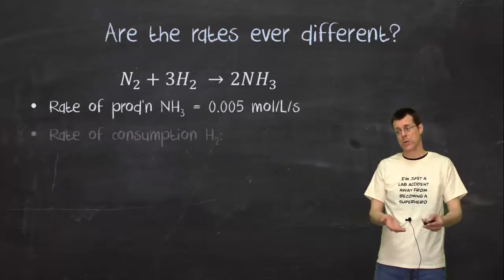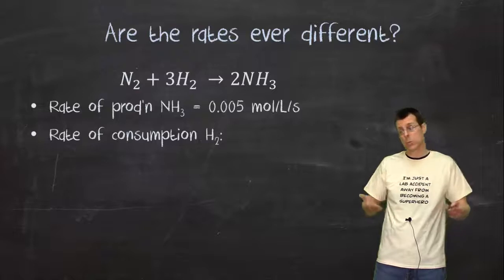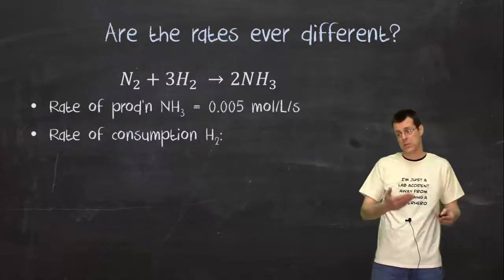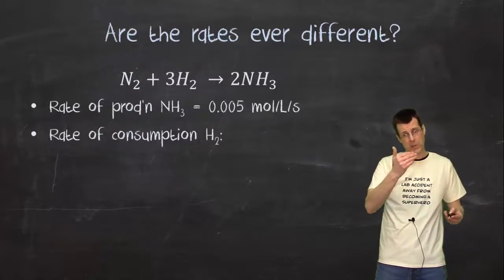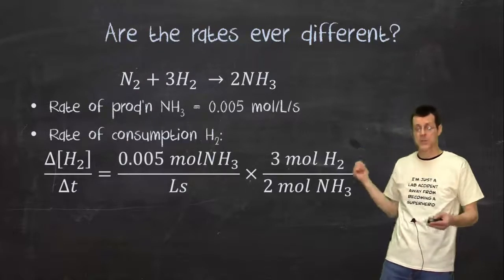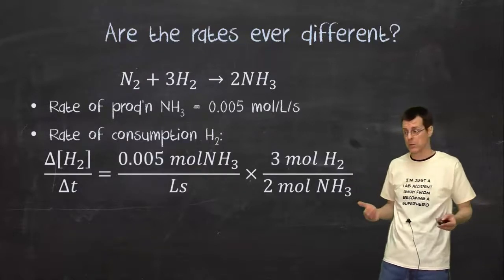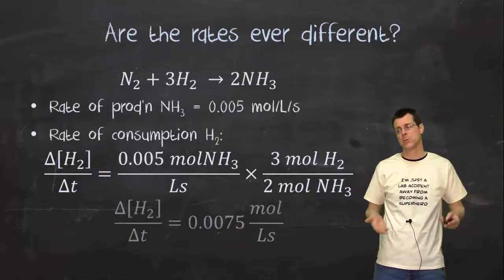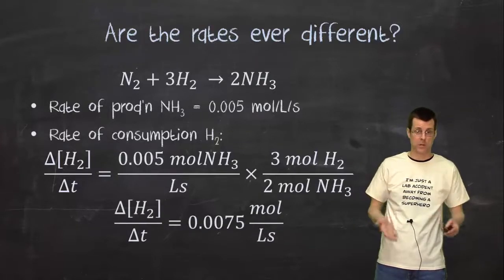Okay, what about the rate of consumption of hydrogen? Well, it's going to be consumed at a rate of 3 to 2 if we're comparing with the ammonia. So the balancing coefficients become part of my ratio, and I can use that to determine the rate of consumption of hydrogen.